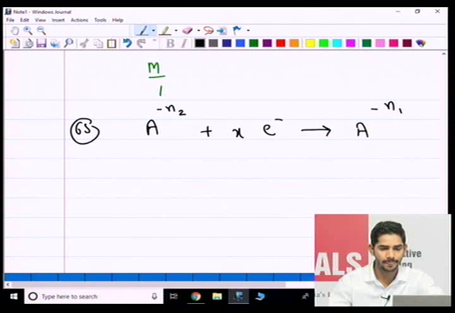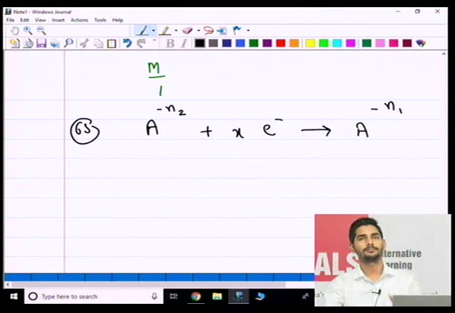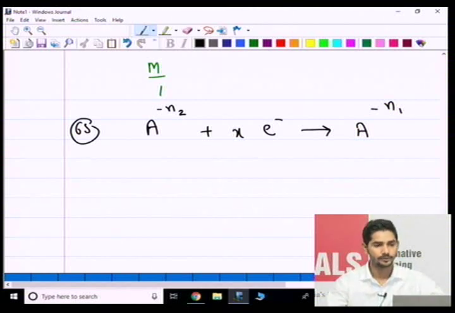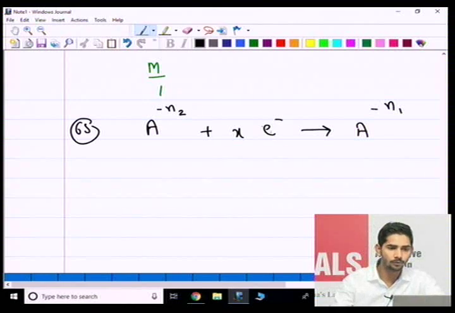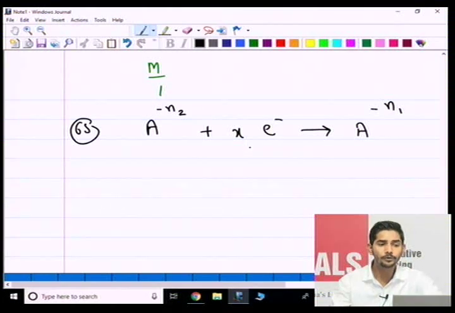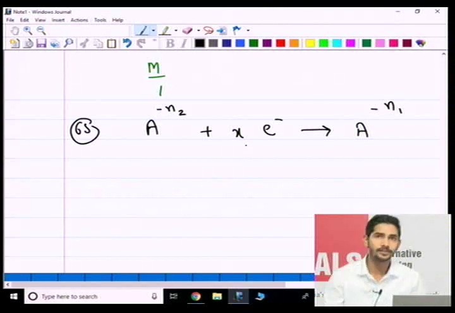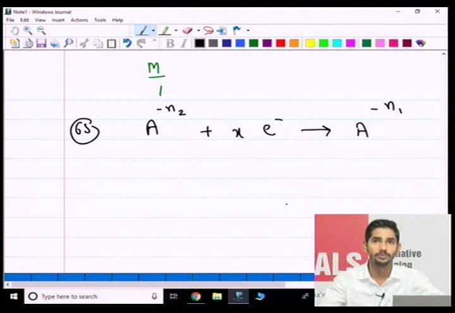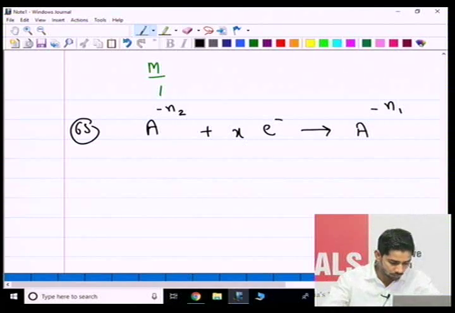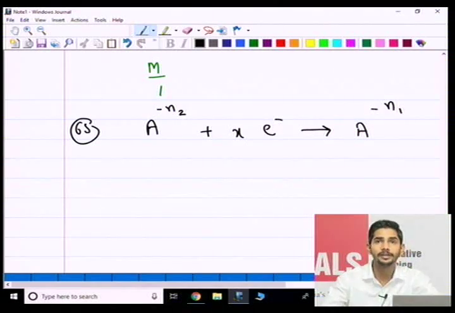First of all, please let me clear this 65, then I'll explain the 61 again. So guys, what we have to do? We have to put a value of x by which the total charge on the left hand side will become equal to total charge on the right hand side. Okay. So, what can be that value?